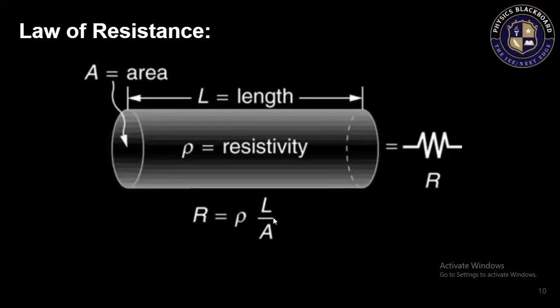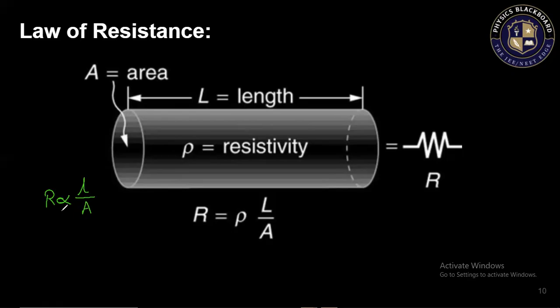Now, as we have a relation, what is the relation that we got here in the law of resistance? R is proportional to L by A, right?